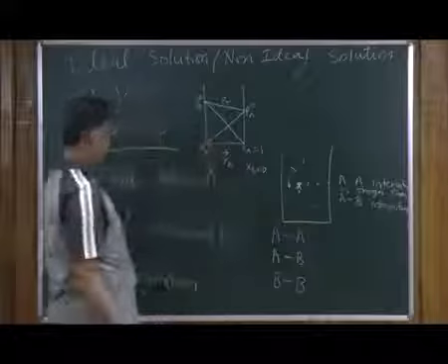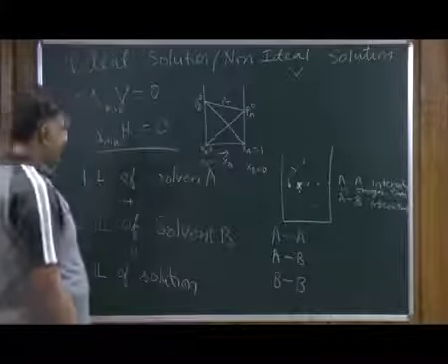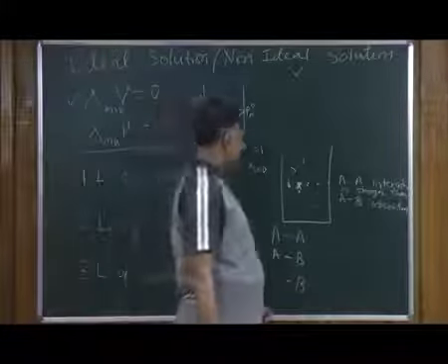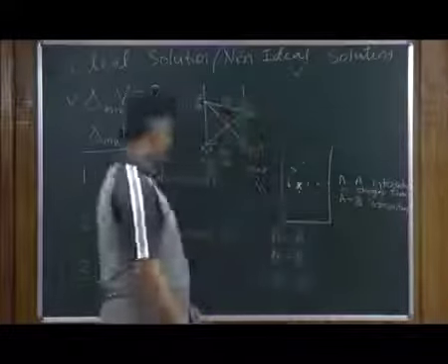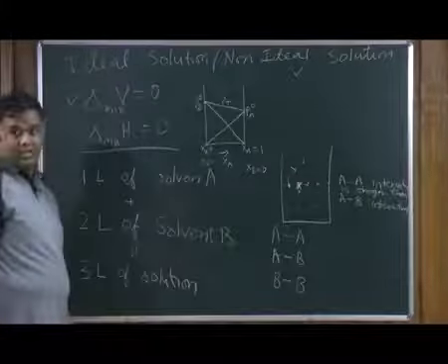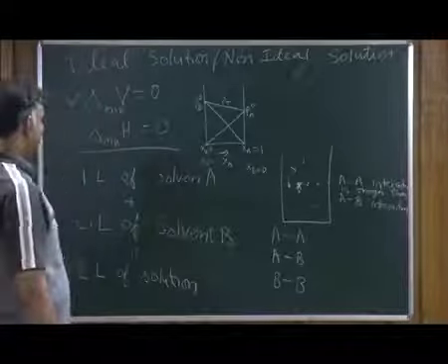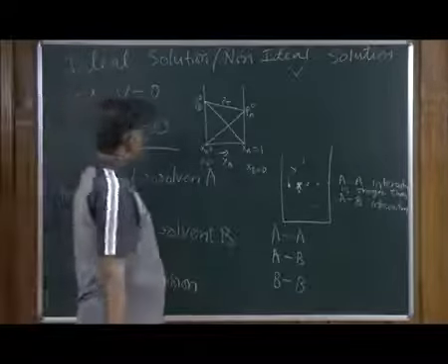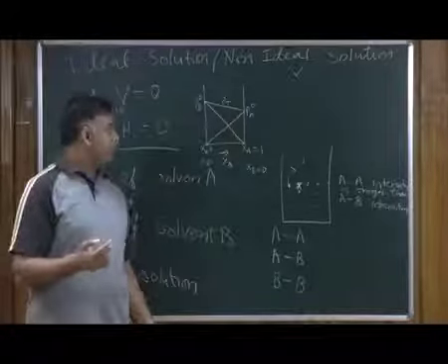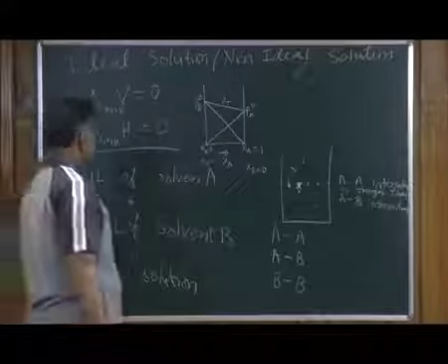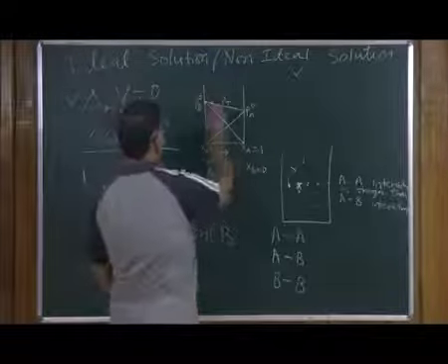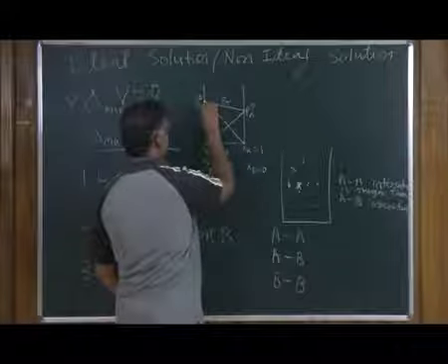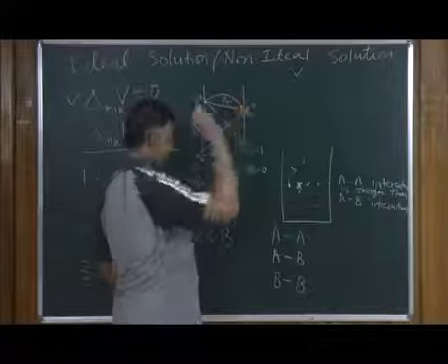This is the ideal solution. But now, A A interaction is stronger than A B interaction, and the B molecule has interrupted this stronger interaction and replaced it with a weaker interaction. Now, this A can go into the vapor phase easily, and that is why the total pressure or individual vapor pressure increases. So, now we have what is called positive deviation.